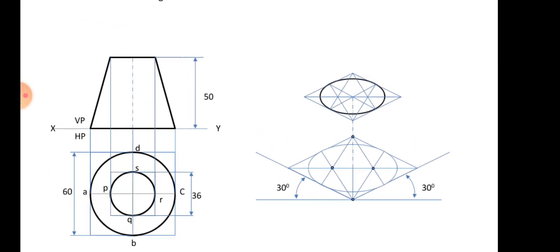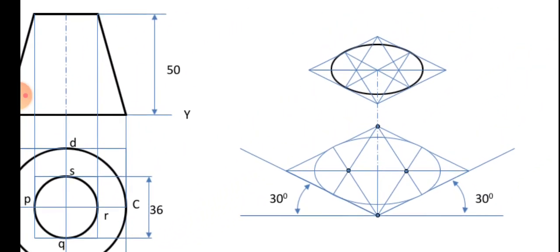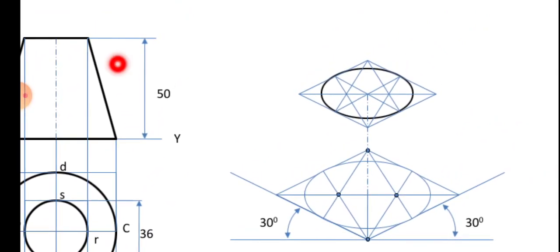Okay, so let me just zoom that area. You have to find the extreme end point, so that will be this point and this point. So from here you will draw a line in such a way that it's a tangent to this ellipse. Please don't draw a line straight like this or somewhere here.